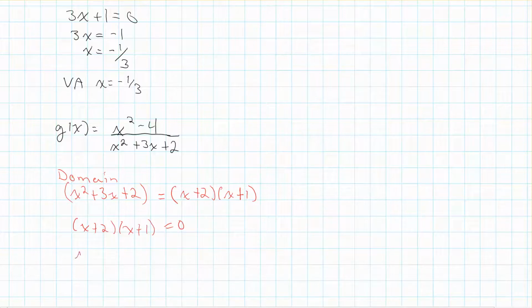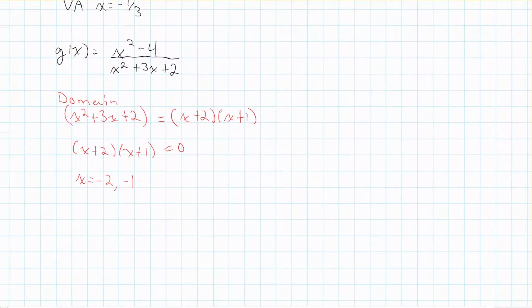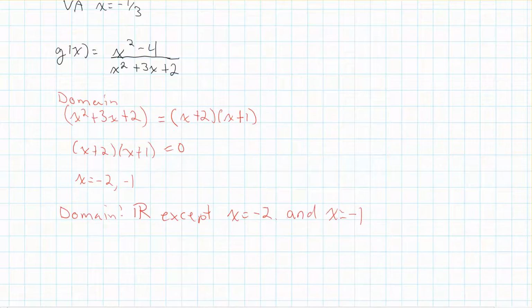And we get that x is equal to, of course, negative 2 and negative 1, which means the domain is all real numbers except x equals negative 2 and negative 1. So that is absolutely correct with what our domain is.